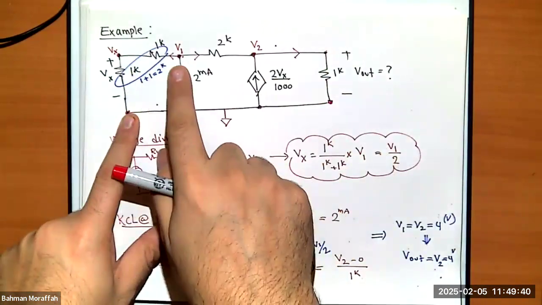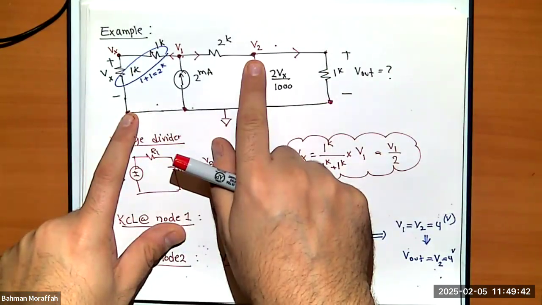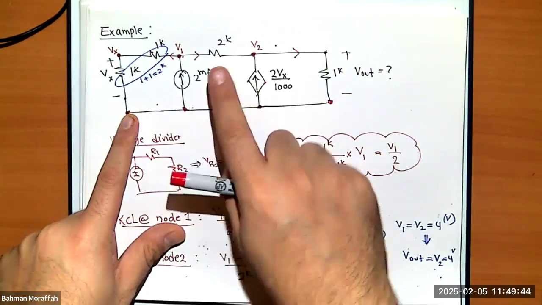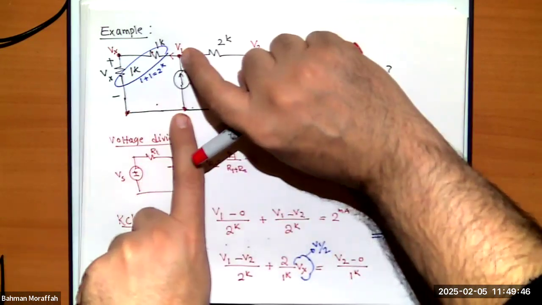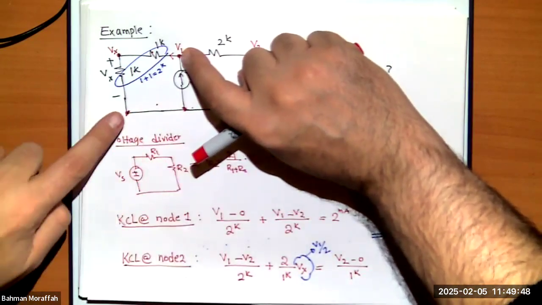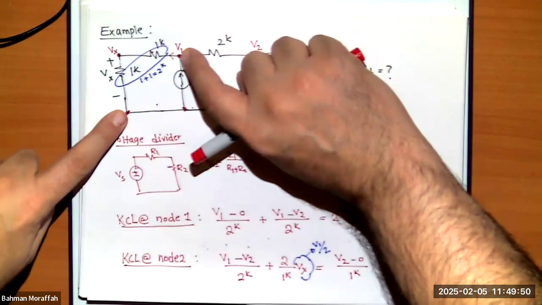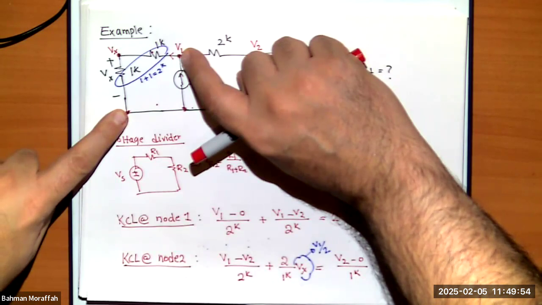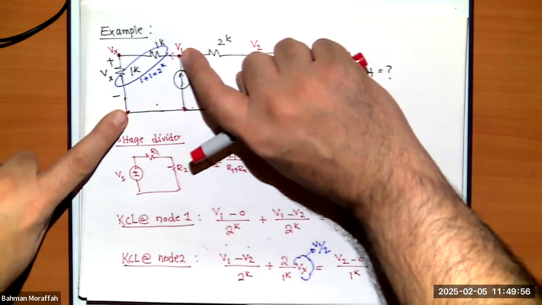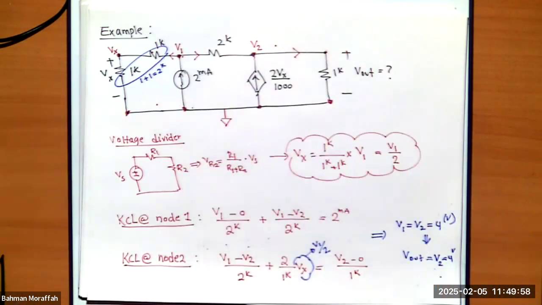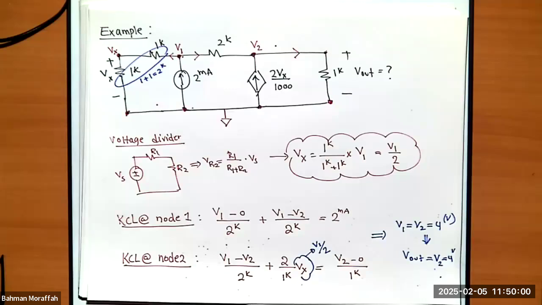I could compute it in terms of my node voltages just by observing that voltage from here to here is V1. Therefore, voltage from here to here is also V1. If I have 2 resistors back to back, I know voltage across them. I know voltage across every single one of them. How? Through voltage divider.